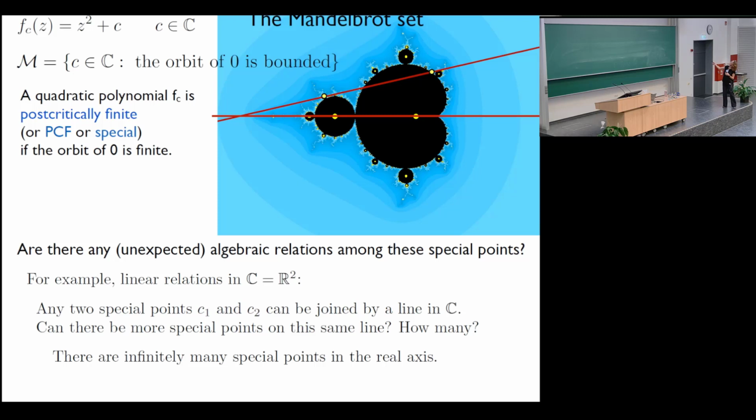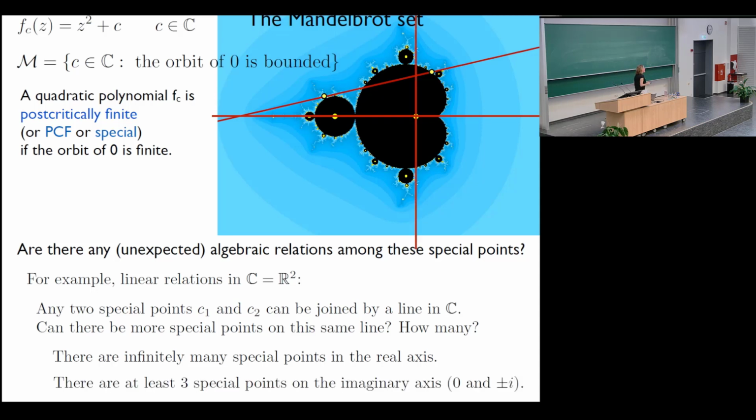Just to point out, along the real axis, we already know that there are infinitely many of these special points, so that's a kind of special case. And I also happen to know that along the imaginary axis, there are at least 3 special points. 0 is a special point, i is a special point, and minus i is a special point.